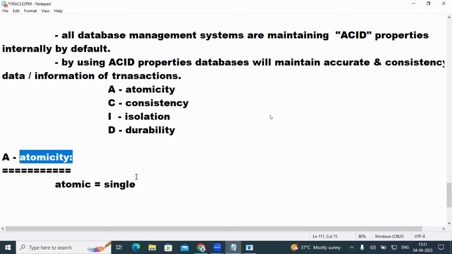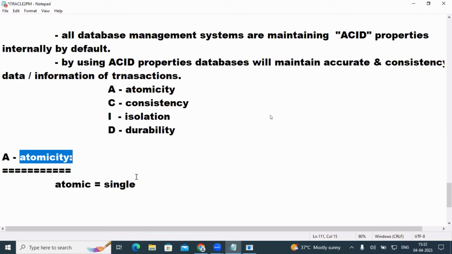Internally it maintains atomicity. All these operations together committed means the transaction is a success. All these operations together cancelled means your transaction failed. Only one happens, either success or fail. That is called atomicity, making one transaction.